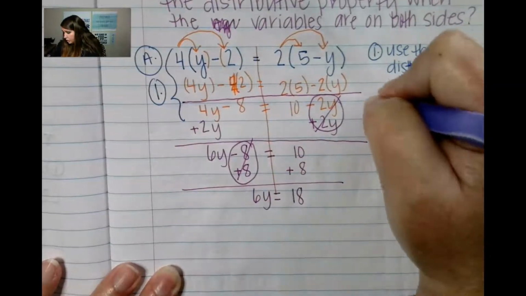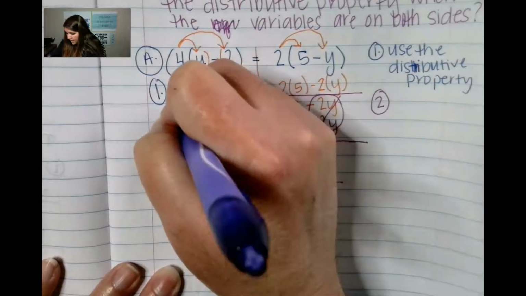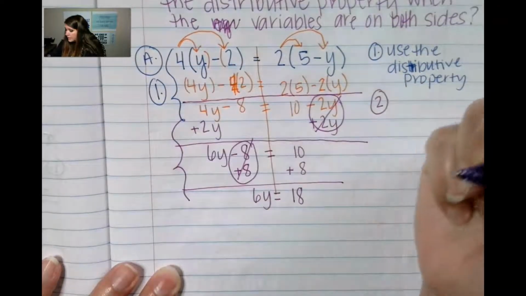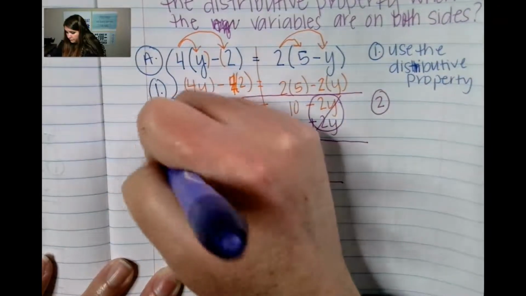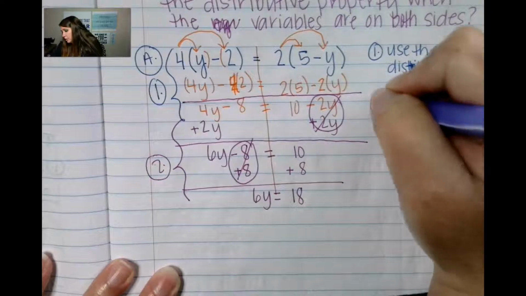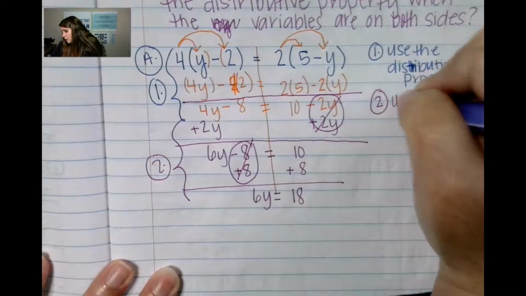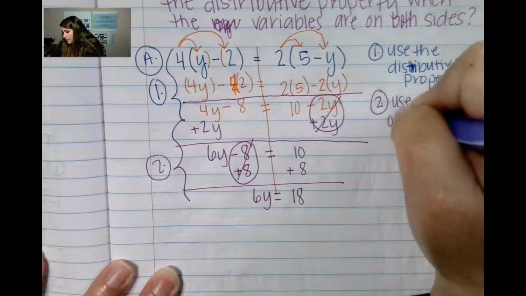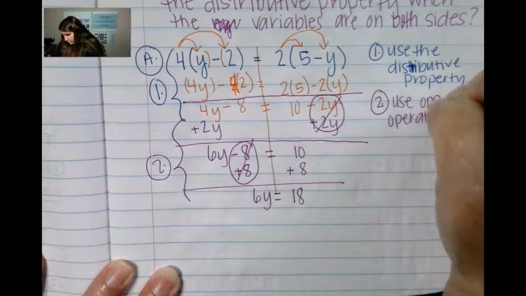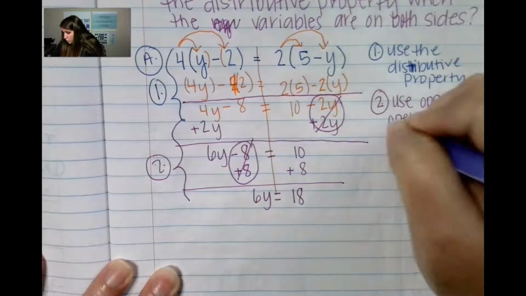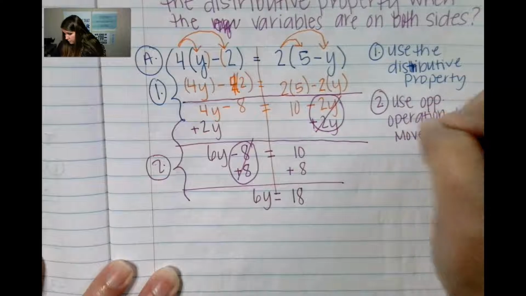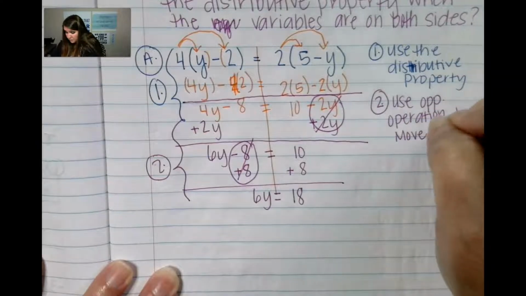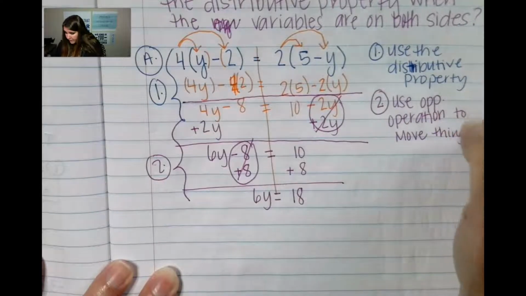So step 2, which is all right through here, tells us to use opposite operations to move things, for a lack of a better word.